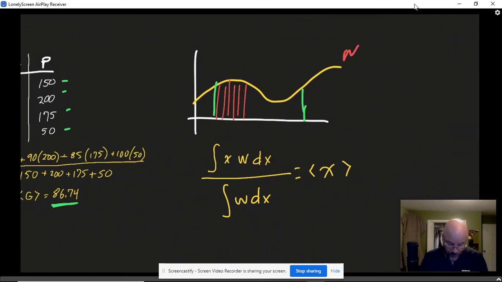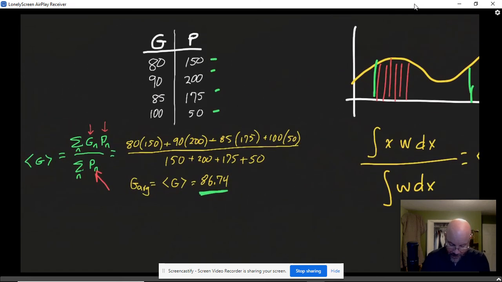Now let me throw another term at you. The thing that we did here in the denominator, on this side and on this side, is often called normalization.